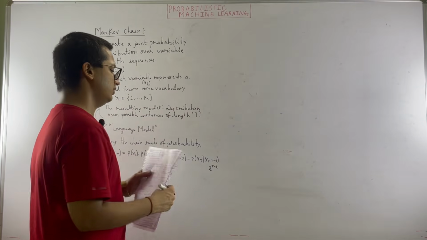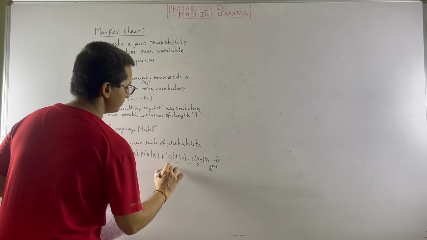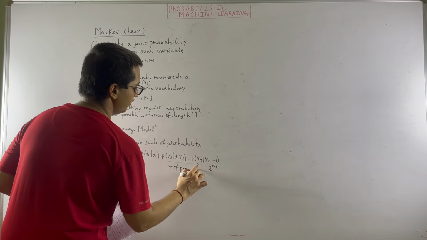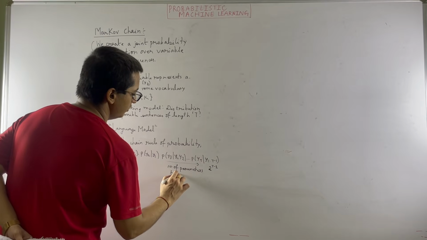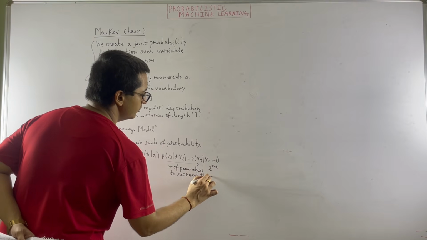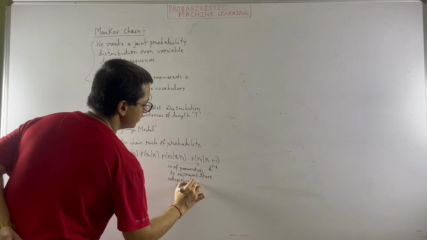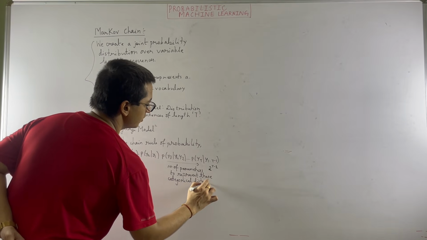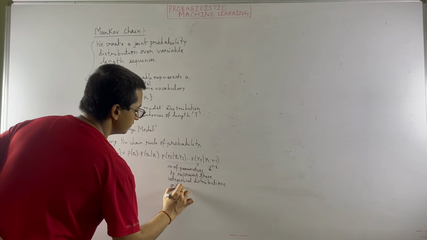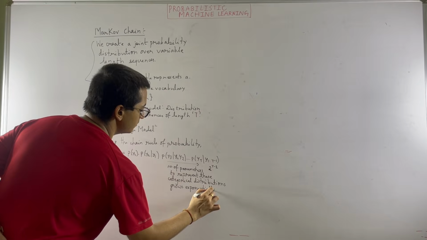So this is very large, right? The number of parameters grows exponentially, and this is not feasible to represent, because the number of parameters to represent these categorical distributions grows exponentially.